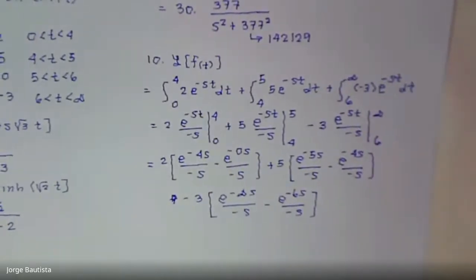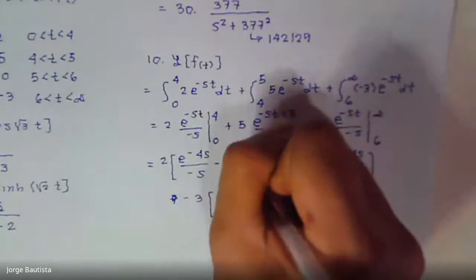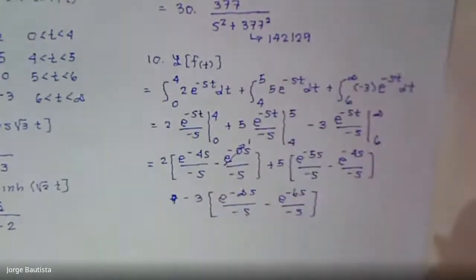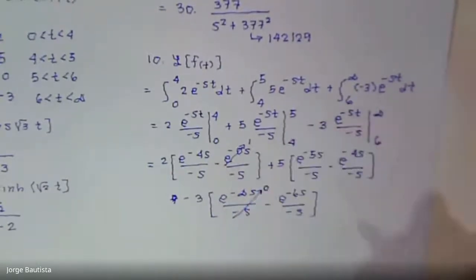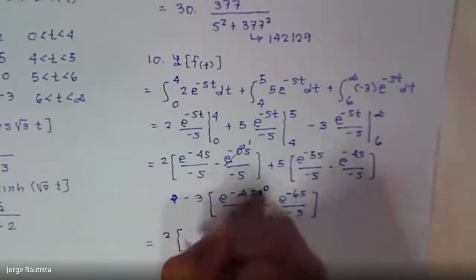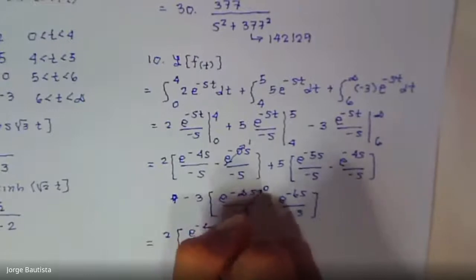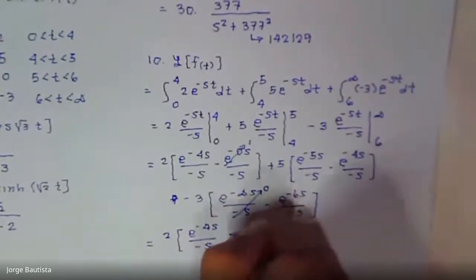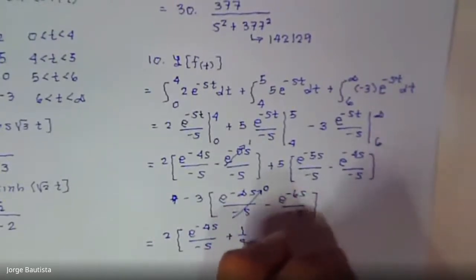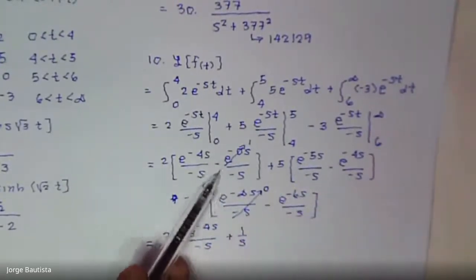So, this one is 1. Itong buong term na to ay 0. Okay? So, simplify natin 2. Okay? Then you have e raised to negative 4s all over negative s plus 1 over s. Plus 1 over s na, di ba? Ito.